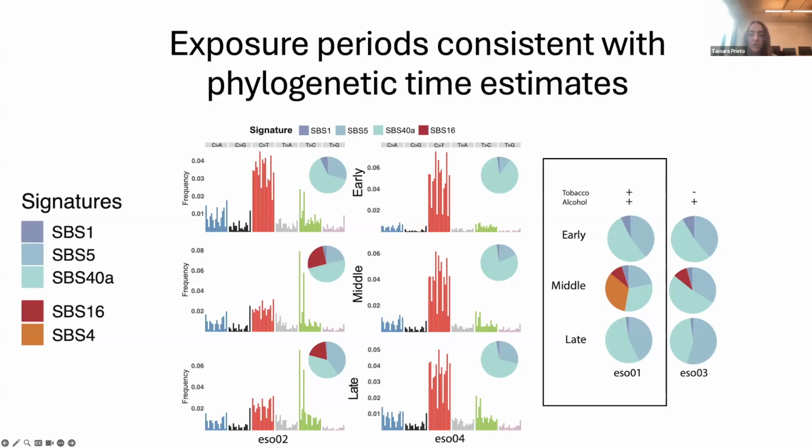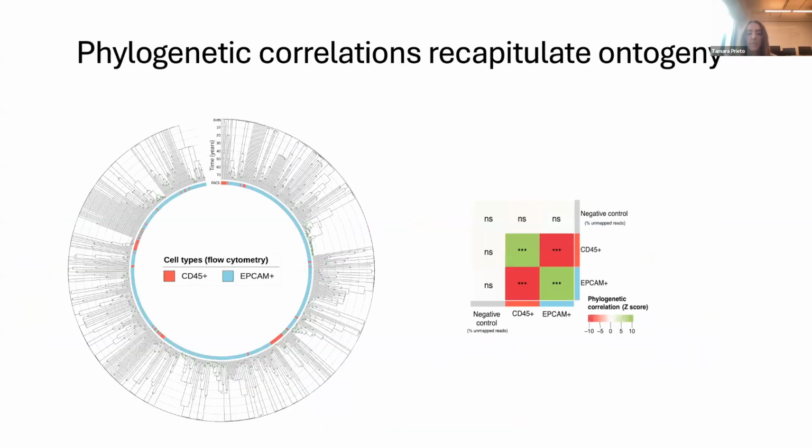For instance, in donor ISO1, the drinking and smoking signature is present in the middle, but absent before adulthood, and also absent from the latest period as the donor quit smoking 10 years before sampling.